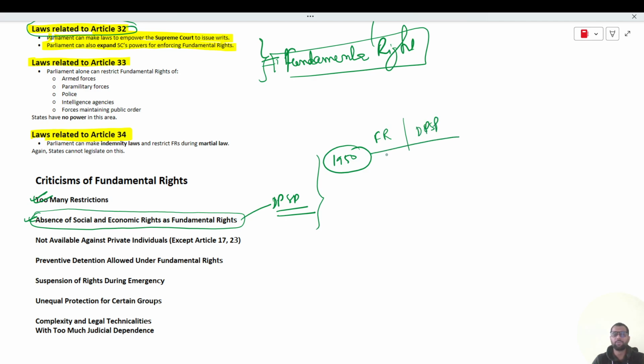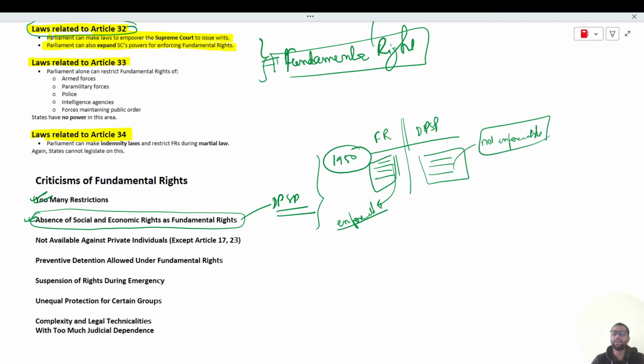It was not that the provisions contained under the fundamental rights were the only provisions required for the welfare of the citizens of the country, but also the provisions contained under DPSP. But the only difference is that the provisions under fundamental rights were made enforceable. These are enforceable by the court of law, and these are not enforceable by the court of law.